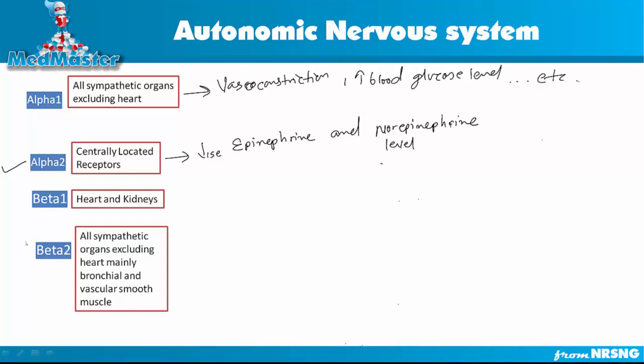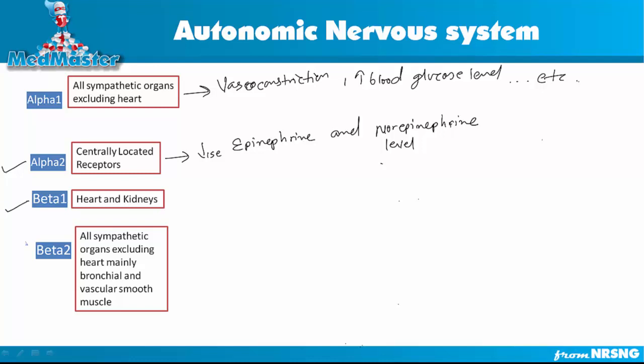So basically, what I'm saying is, when you give a drug that goes and binds to alpha 2 and potentiates its action, it actually decreases the sympathetic nervous system effect. So it's kind of opposite. When you excite alpha 2, it's going to decrease the sympathetic nervous system.